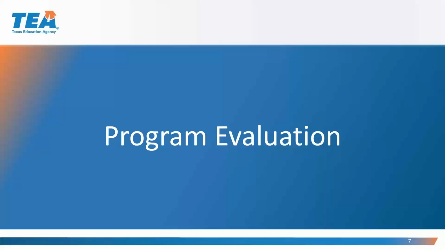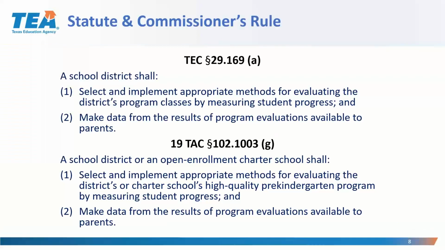So here we go. Let's look into program evaluation. This slide articulates what is in statute and what is in commissioner's rule regarding the program evaluation. Please note that here the language is almost identical. So let's look at statute.